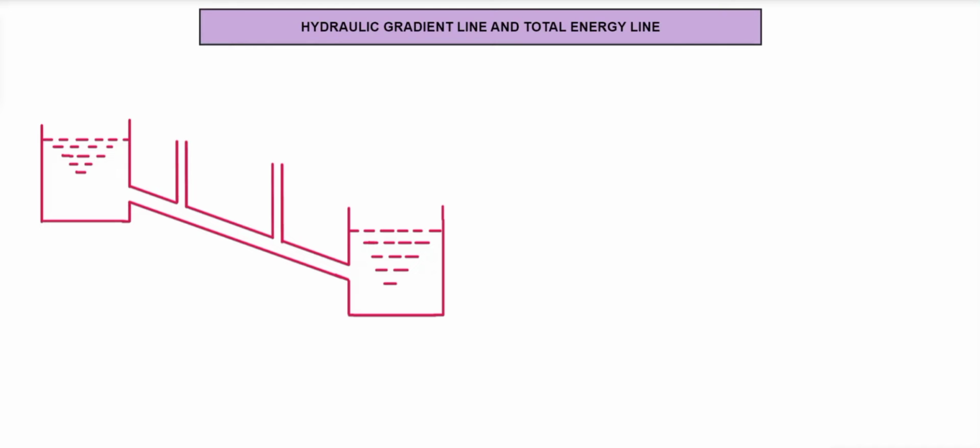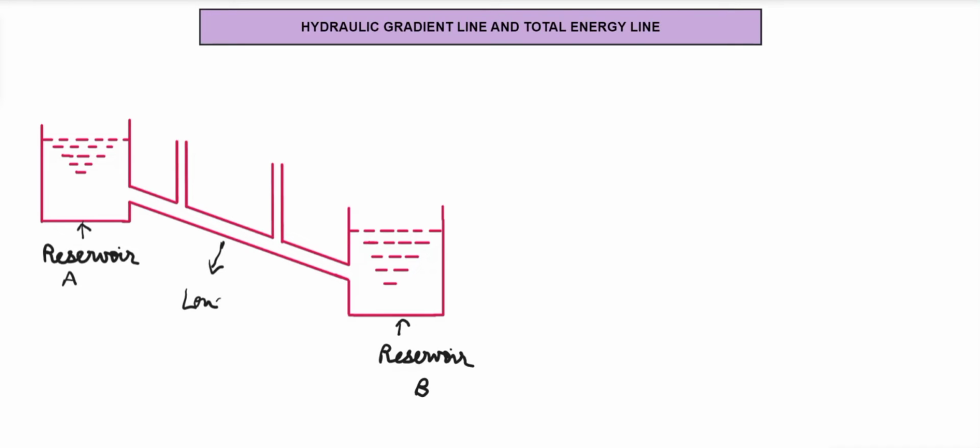Here, as shown in this diagram, suppose I am having two tanks or two reservoirs. Let me just say that this is my reservoir A and the other one is my reservoir B. And these two reservoirs are connected by a long pipe.